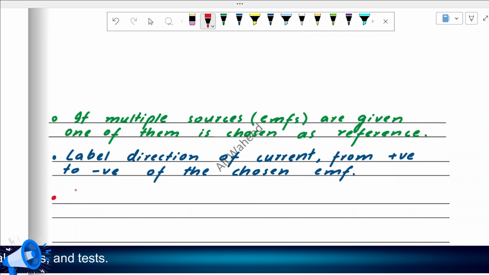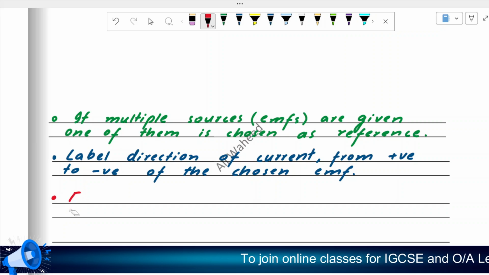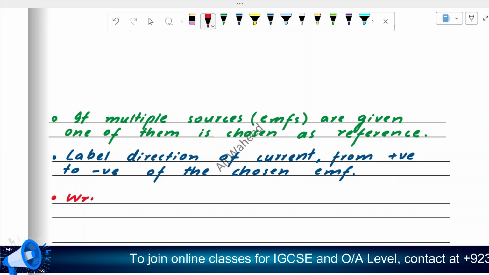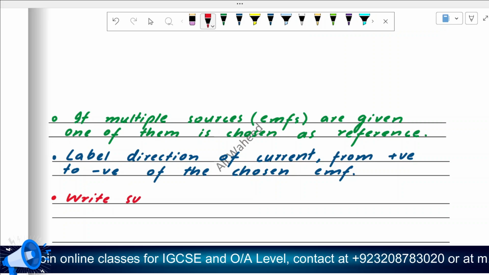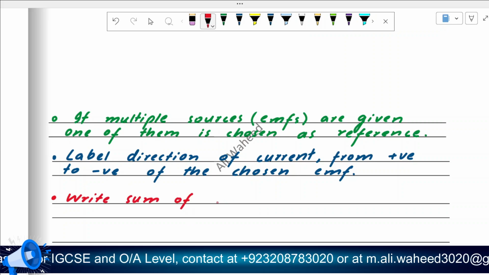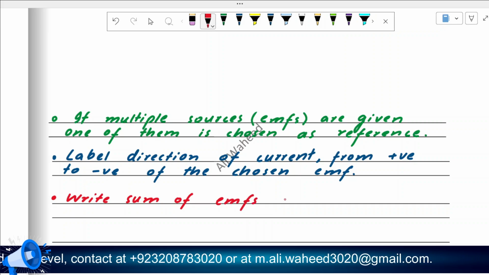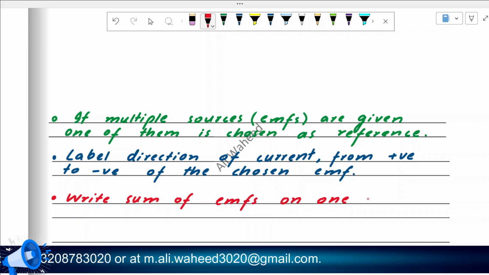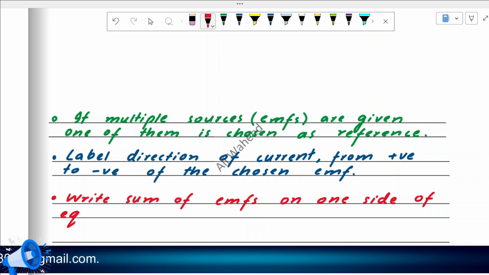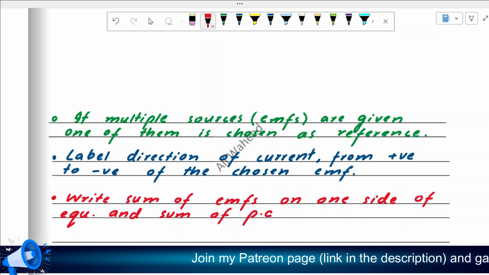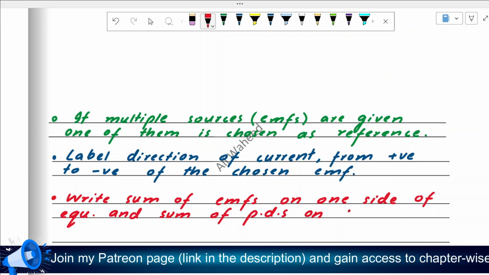Up next, write sum of EMFs on one side of the equation and sum of PDs on the other side.